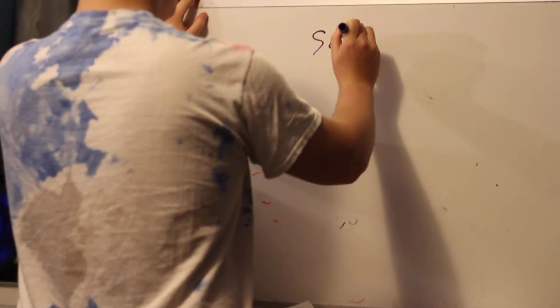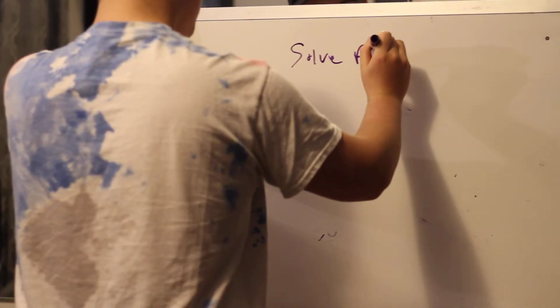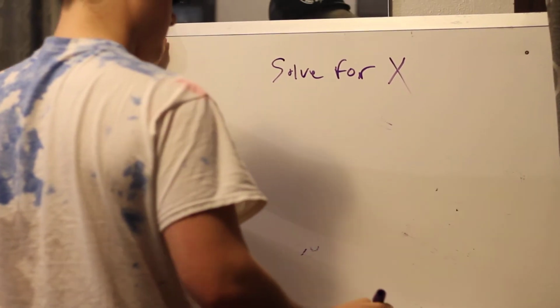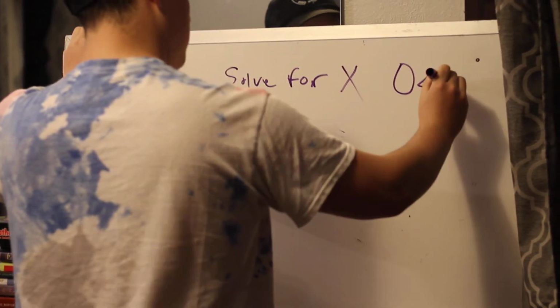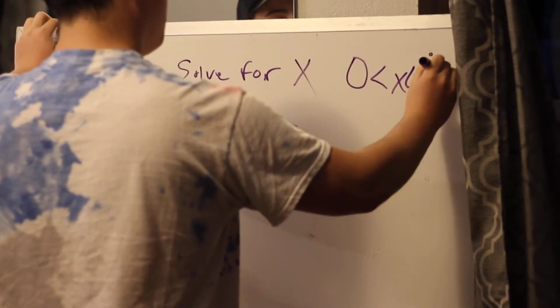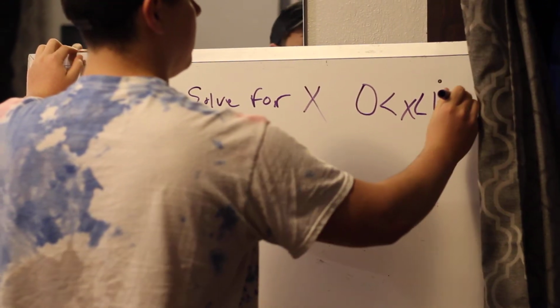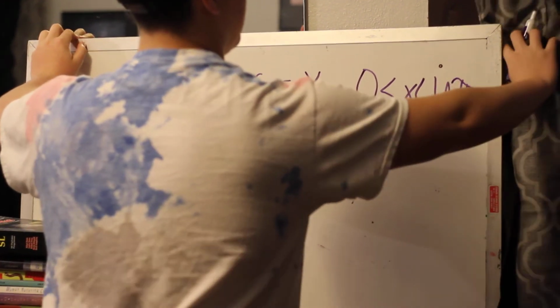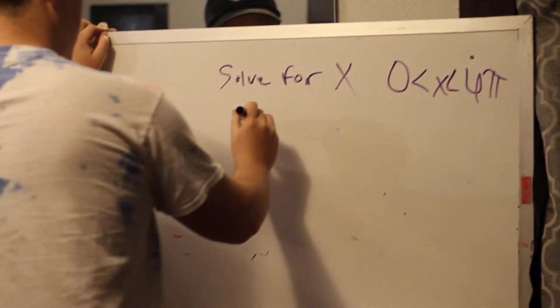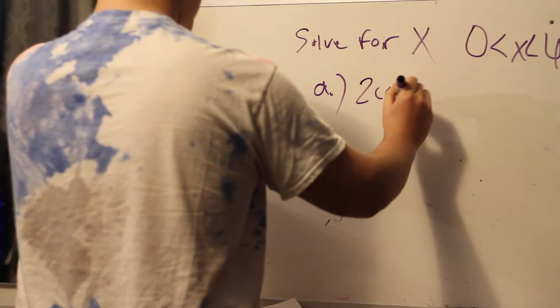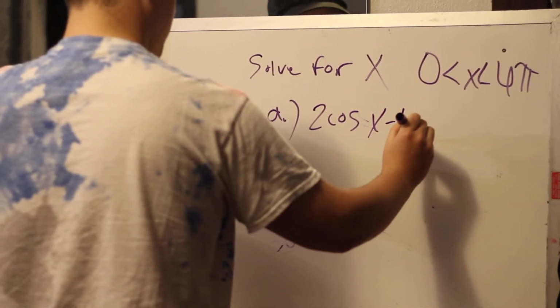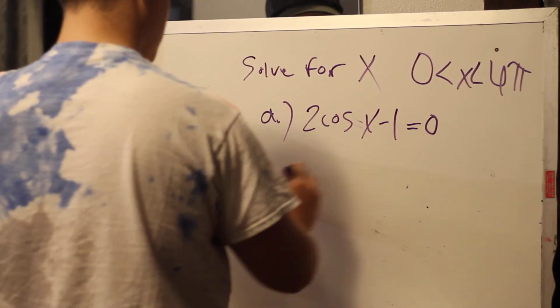Solve for x with the domain of 0 to 4 pi. A is 2 cosine x minus 1 equals 0.